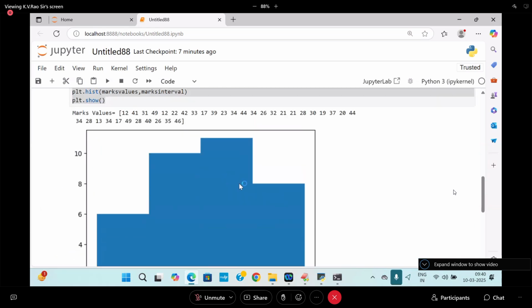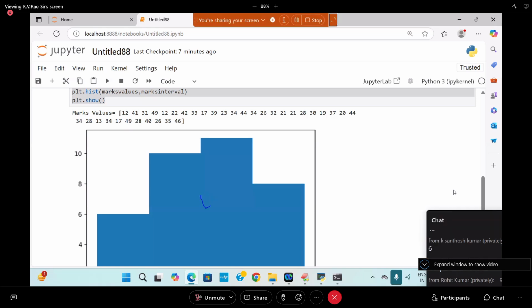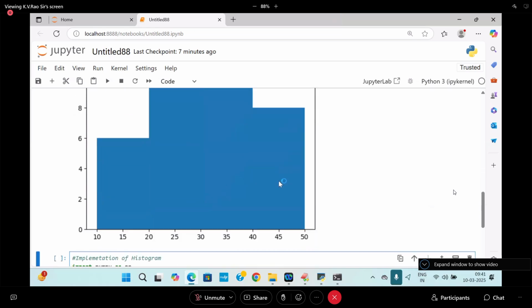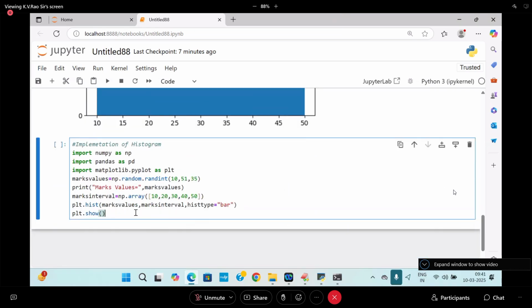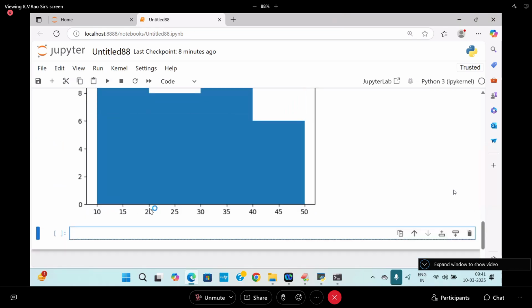Without filling the color, only the border will come. That is called step. There is one more type, the default, which is stepfilled, step filled with color. Now I'm taking bar here. What is happening now?